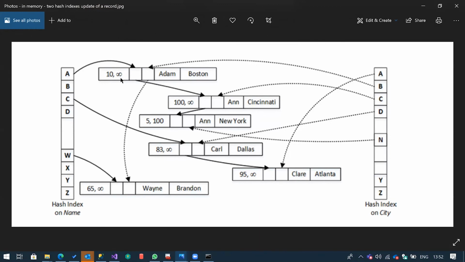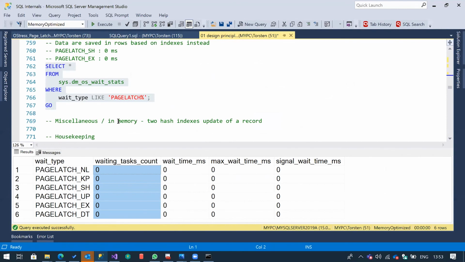That means this record is never ever touched again. The only wait we will have, but this is just a matter of a few nanoseconds, is to update the hash index when we have a new hash index and the time it takes to create a new index link to the next record. That means, and I think I will stop here.